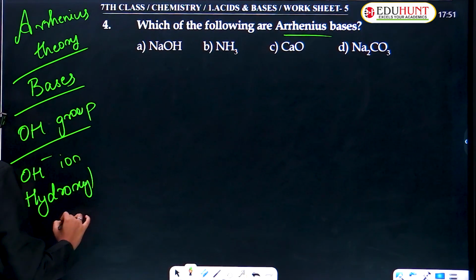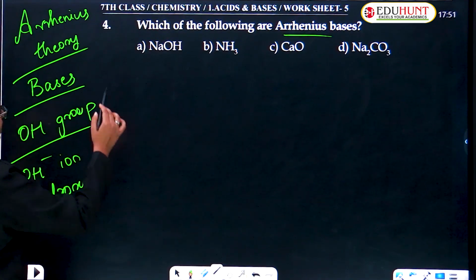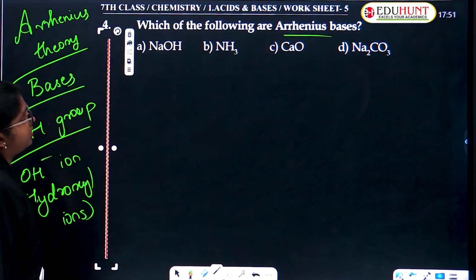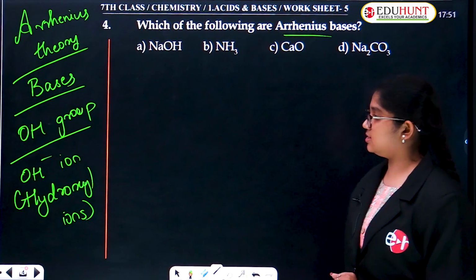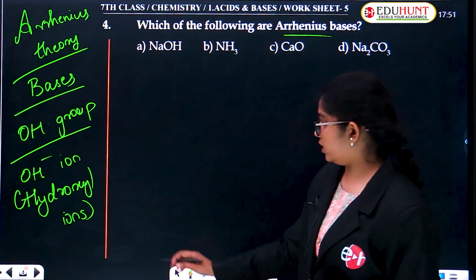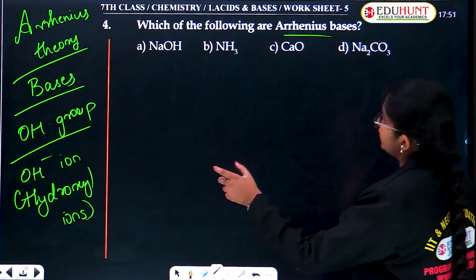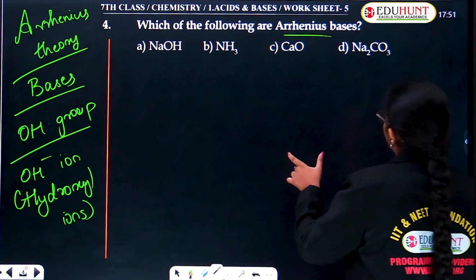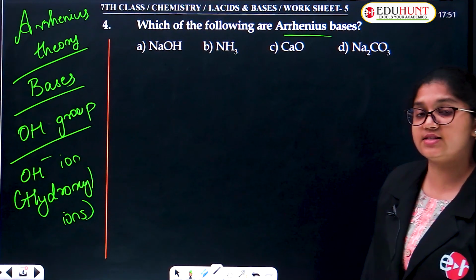Hydroxyl ions upon dissociation in the aqueous solution. So if you see the following options, children, according to Arrhenius theory, a base should have an OH group, right? In the following options of NaOH, NH3, CaO and Na2CO3, what according to you is a base?